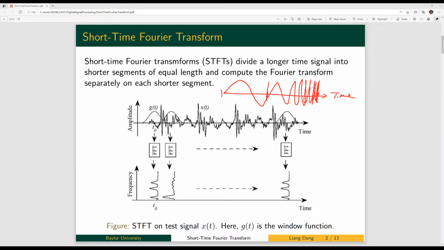So this is actually a frequency sweeping signal. The frequency is going higher and higher. So we are not going to capture the localized information, localized in time, if you compute the entire signal using just one Fourier transform.